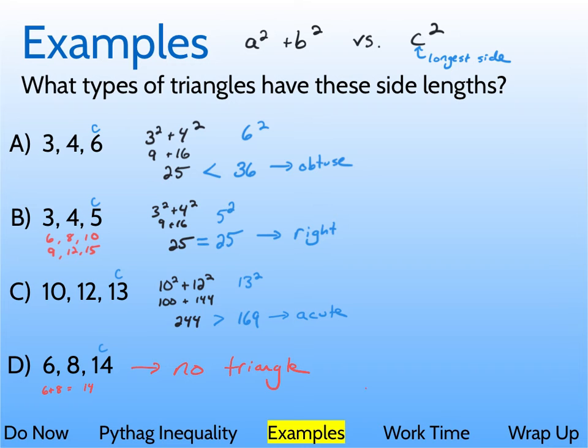Quick visual: if you have a side of 6 and a side of 8, pretend that they barely touch right there, and a side of 14, you'll never be able to put those together. They'll just lay right on top of each other. So we can't even make a triangle here, so forget it. What you always need is for these two sides to add up to more than the longest side. Otherwise, you're never going to be able to make a triangle, which we looked at in the Desmos activity yesterday.